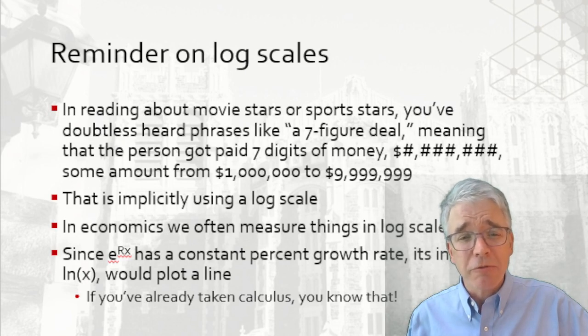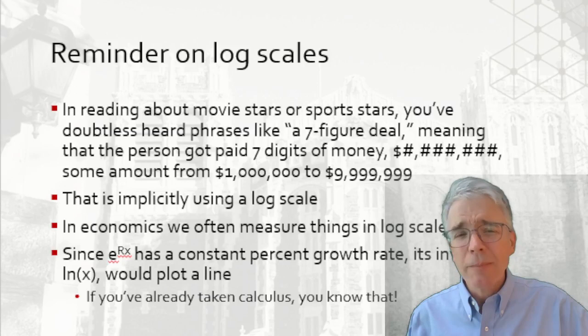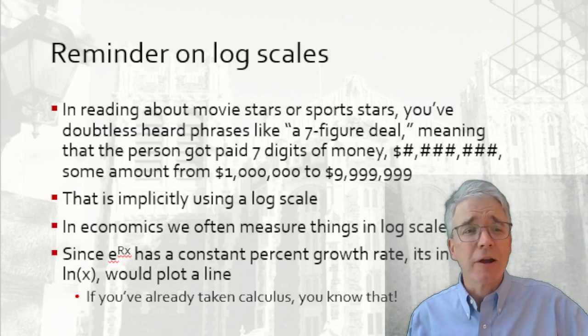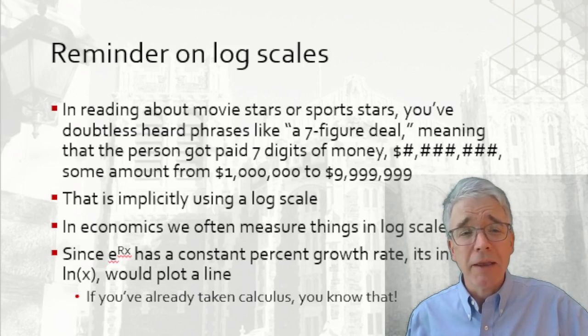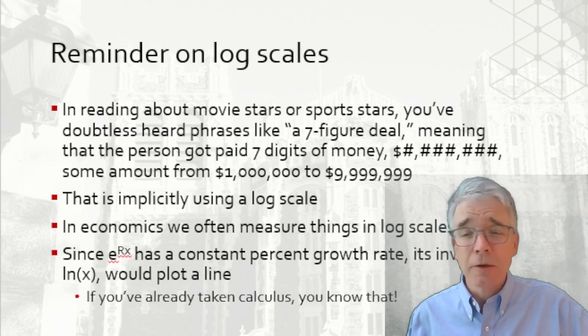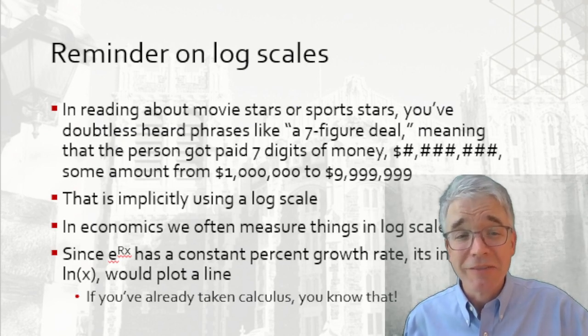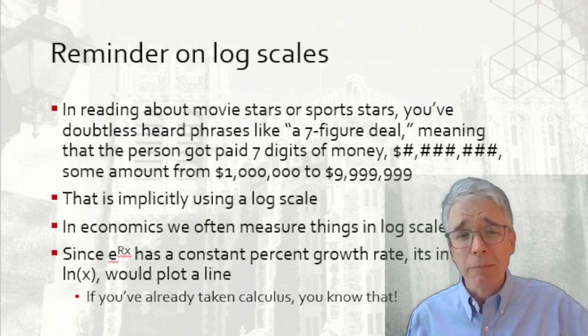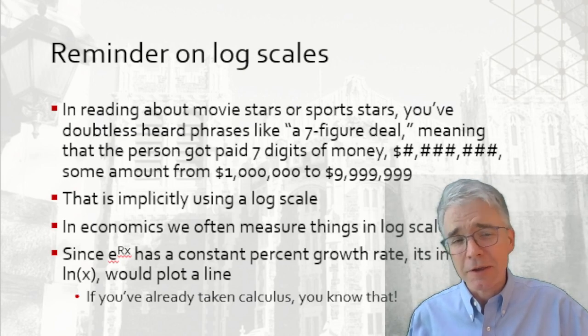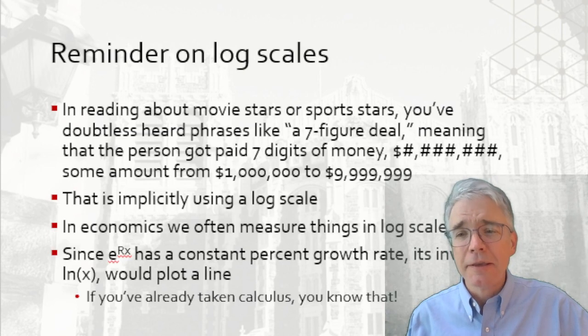Now, the final little bit to remember is exponents and logs. You've probably heard news items about some movie star or sports figure getting paid, and you hear phrases like they signed a 7-figure deal, which means that person got paid 7 digits worth of money, some amount between $1 million and $9,999,999. That's implicitly using a log scale, log base 10.